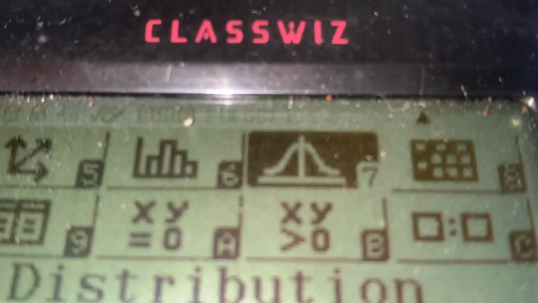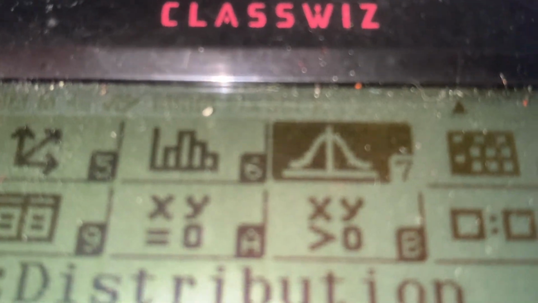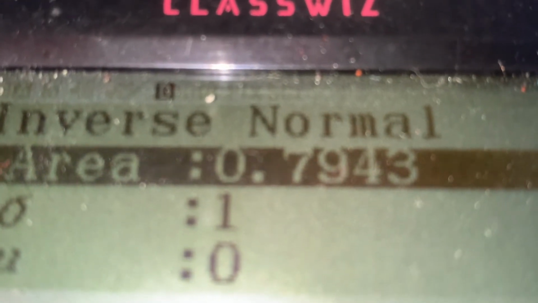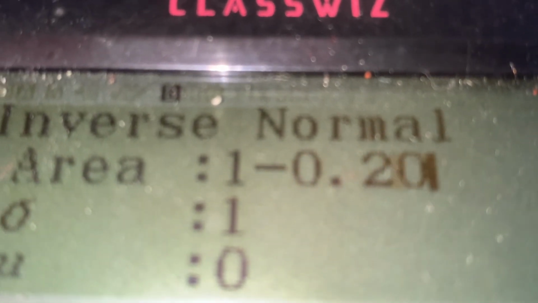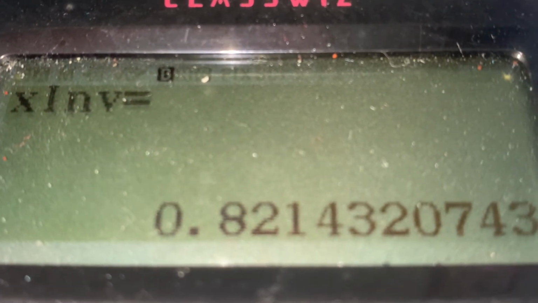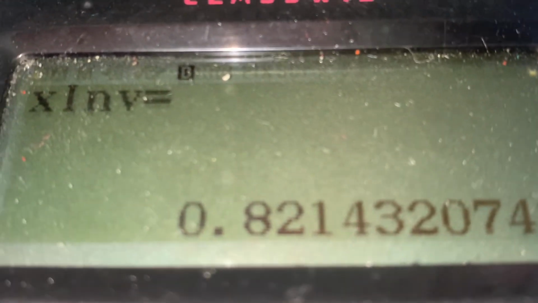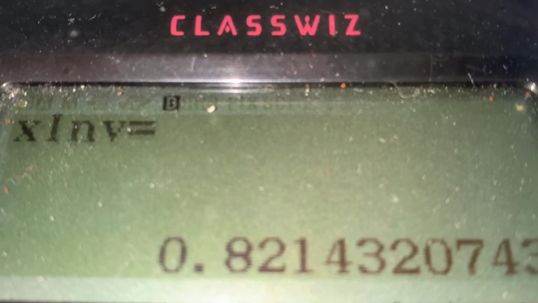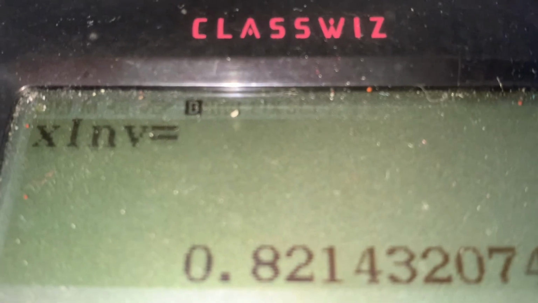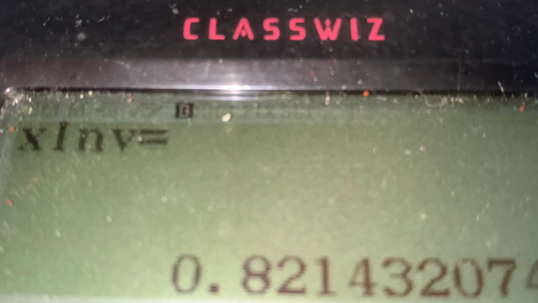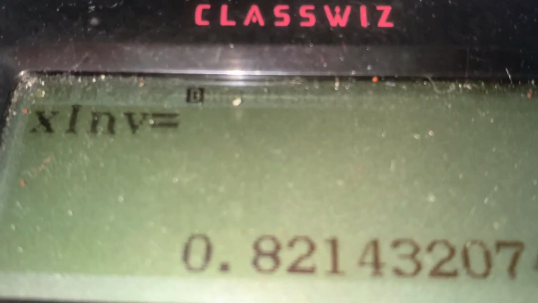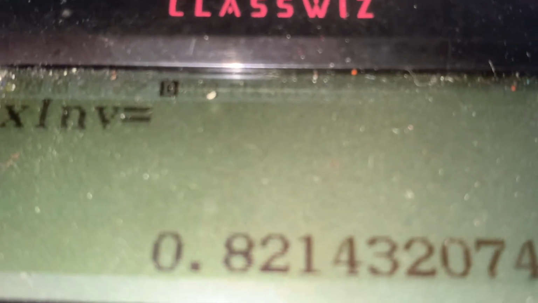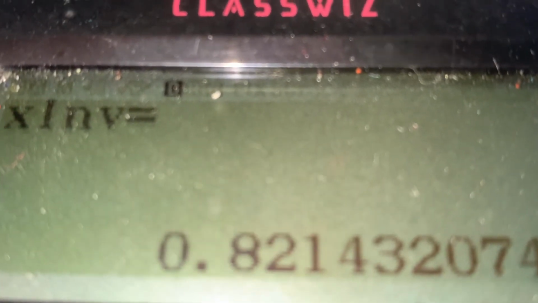Let's go to inverse, go to menu, 1 minus 0.2057, you get an answer. Yeah, this is the answer very fast, 0.8214, right? Okay, so make sure the answer is accurate to the significant figure and make sure the area is shaded to the left before you press the calculator. Okay, so have fun.